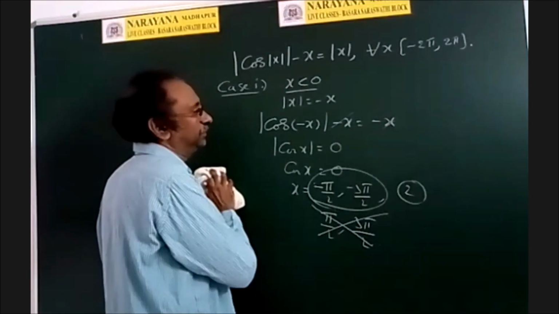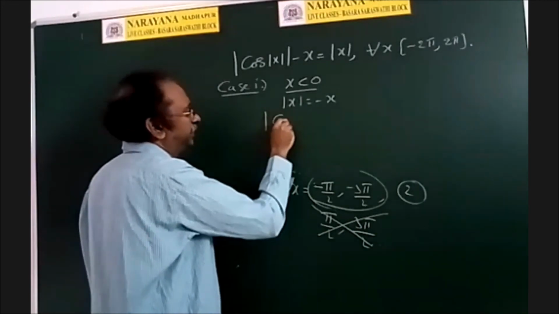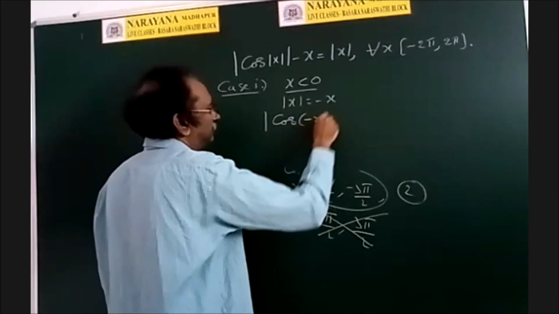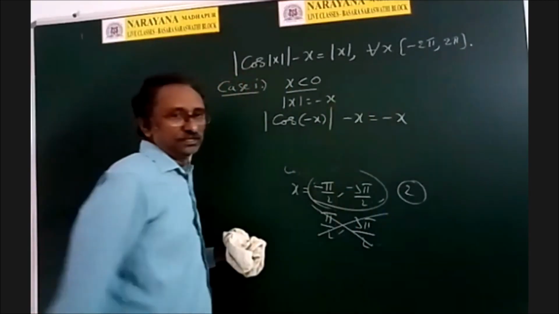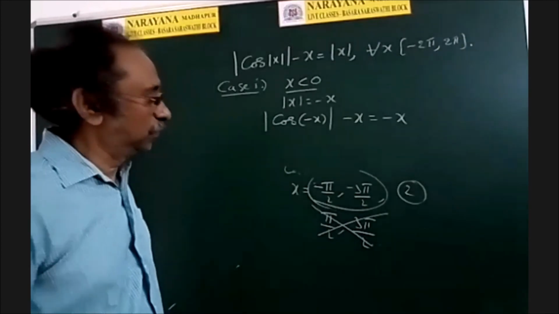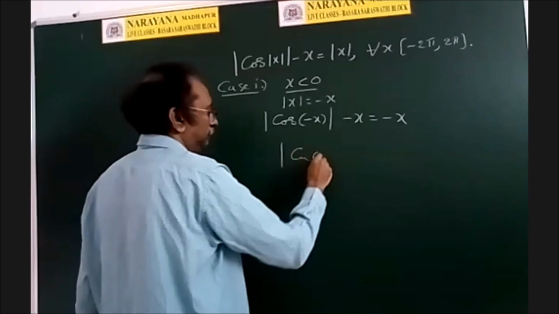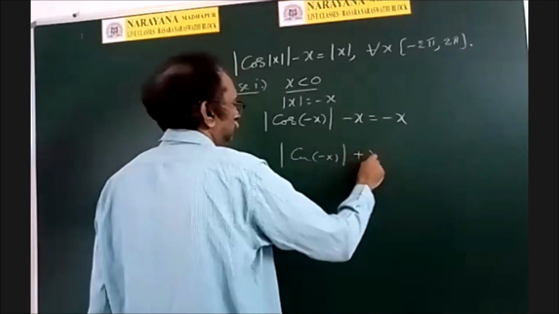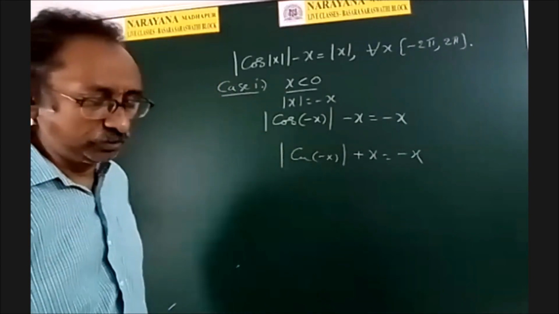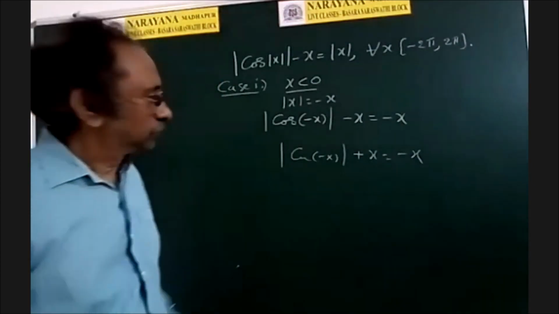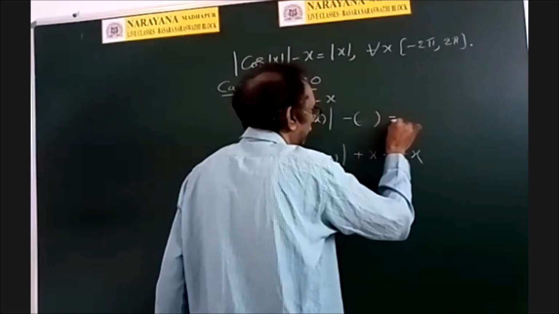I wrote plus x, sir. But mod x means minus x. Minus x is equal to minus of minus x, I wrote. You want to write like this? Yes, sir. So x is negative means x is already negative.